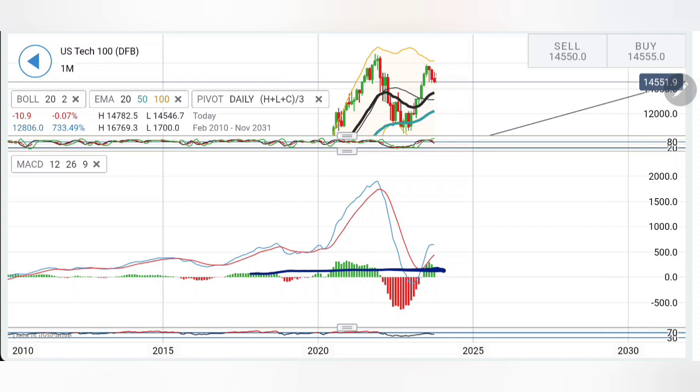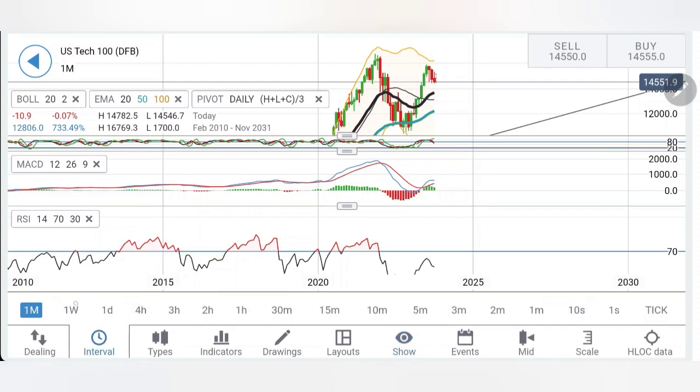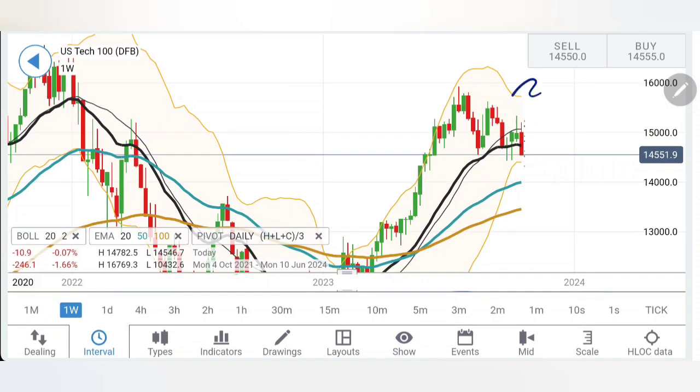Also, at these levels, Tech 100 in the last 15 years has stayed above this zone on MACD, and thus right now it is trying to converge, but it still has further room on the upside in the coming months. So maybe this month and a couple of months can try to converge a bit, but still it has much bullishness left. RSI is looking downwards.